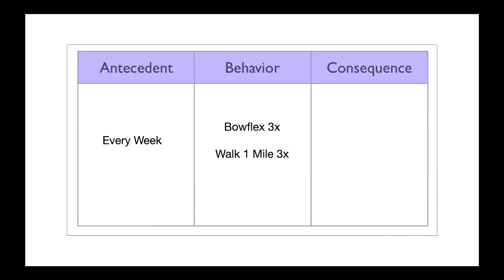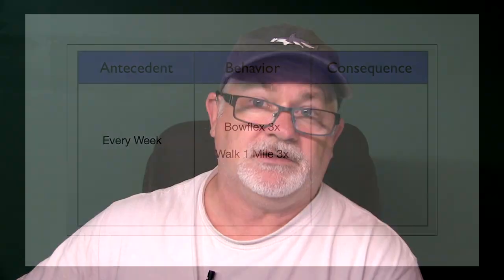Technically speaking, this still fails the stranger test. What is Bowflex? I can add a supplement to that and say, this is my Bowflex routine. If you're not familiar, Bowflex is a brand of exercise equipment, and I happen to have one.